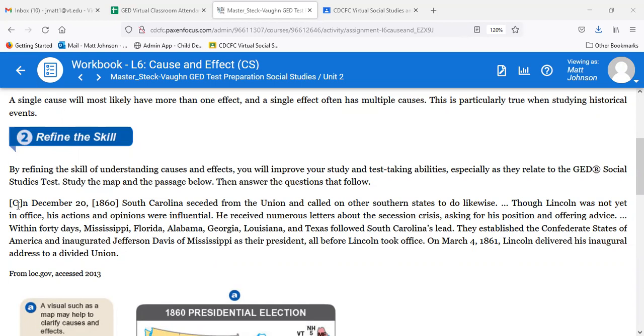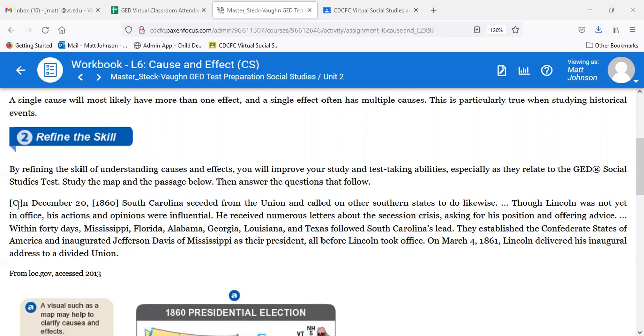Within 40 days, Mississippi, Florida, Alabama, Georgia, Louisiana, and Texas followed South Carolina's lead. They established the Confederate States of America and inaugurated Jefferson Davis of Mississippi as their president, all before Lincoln took office. On March 4th, 1861, Lincoln delivered his inaugural address to a divided Union.